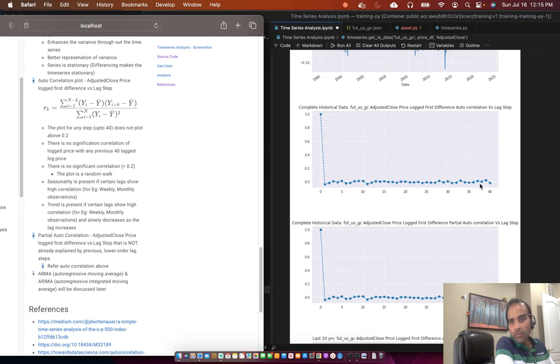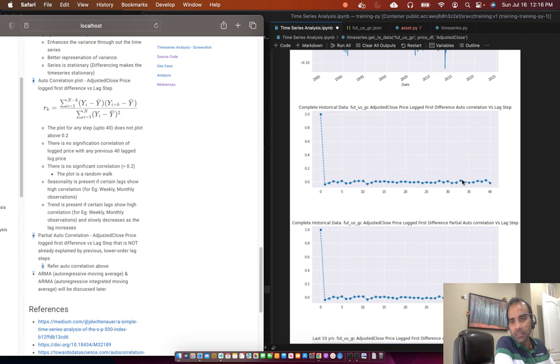Once we plot this, we can visually see, and we have set our significant correlation at greater than 0.2. If anything is above 0.2 in this plot, then we can say that a price on a particular day is correlated to a price on some other day.